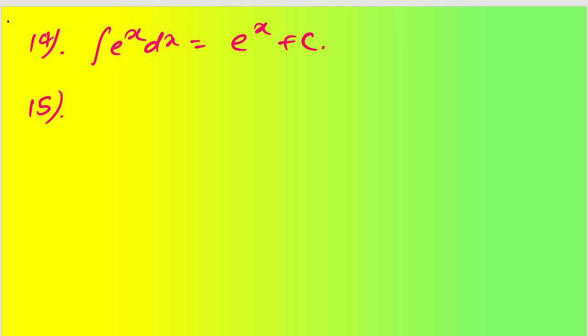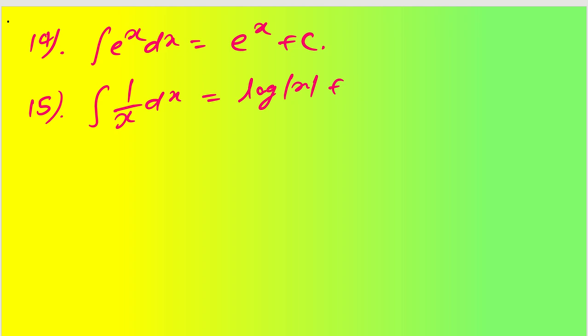Now if we talk about exponentials, so let's say 14th one is integration of e to the power x dx will be e to the power x. It will remain the same because differentiation was also the same, so integration will also remain the same. Now integration of 1 by x dx will be what? Log x plus c.